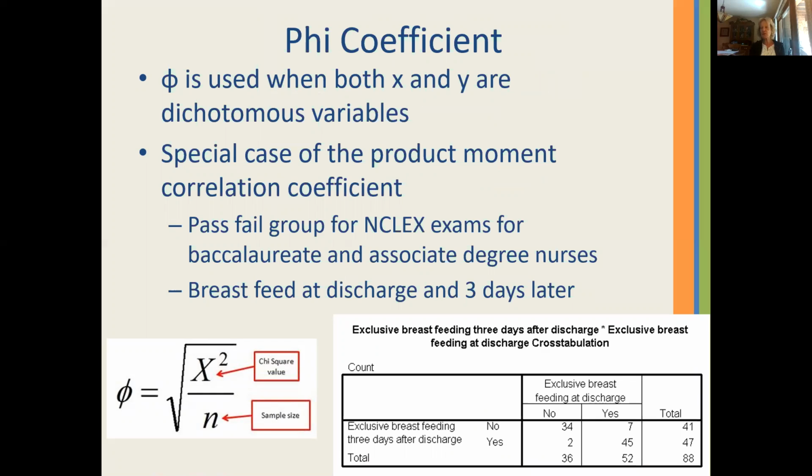But some examples are if you have pass-fail for a group of N class exams for baccalaureate and associate degree nurses. So you have two dichotomous variables, pass, fail, and baccalaureate or associate. Another example is breastfed at discharge and 3 days later. So those are yes, no variables.